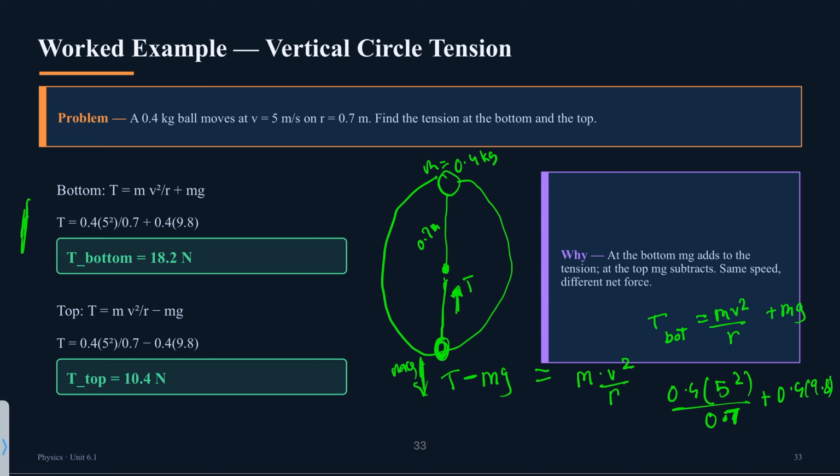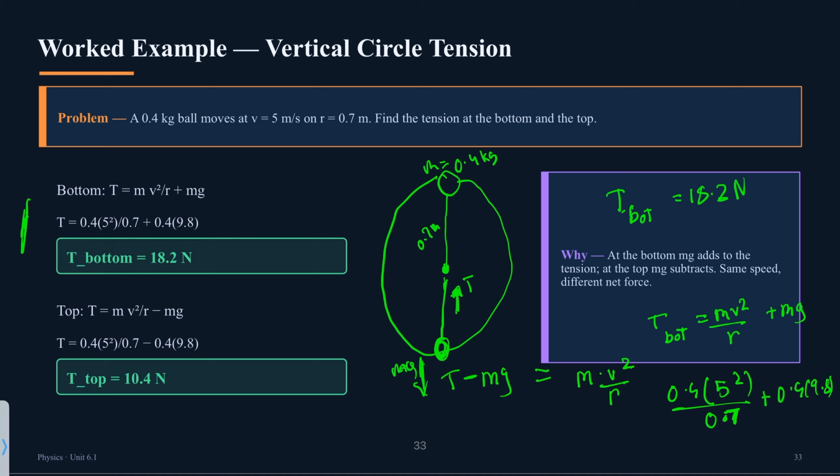If you plug it in, it should give you about 18.2 newtons. So tension bottom is 18.2 newtons.